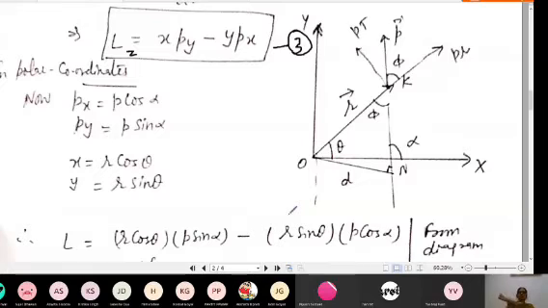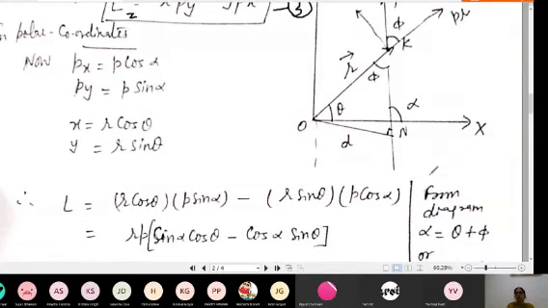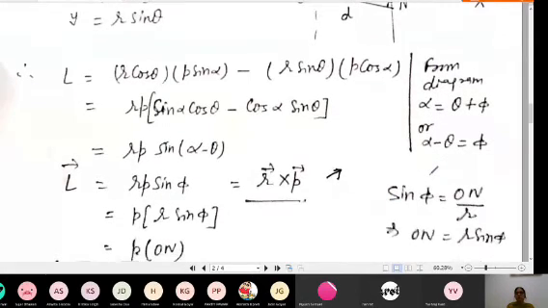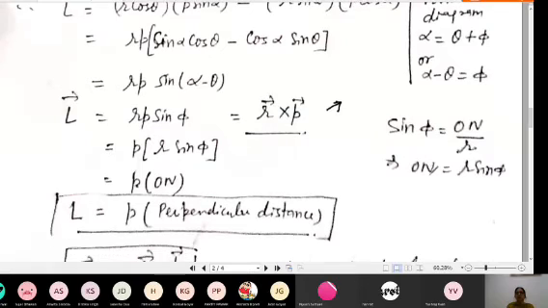If the linear momentum is applied in the opposite direction, it will go away from me, so it will be outward. But it will always be perpendicular to the xy plane by the right hand rule. So the direction is perpendicular to the plane consisting of r and p, found using the right hand thumb rule.